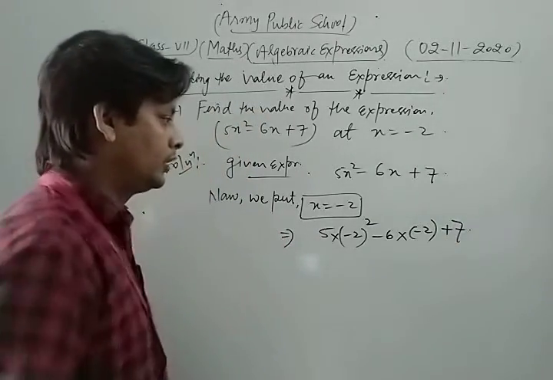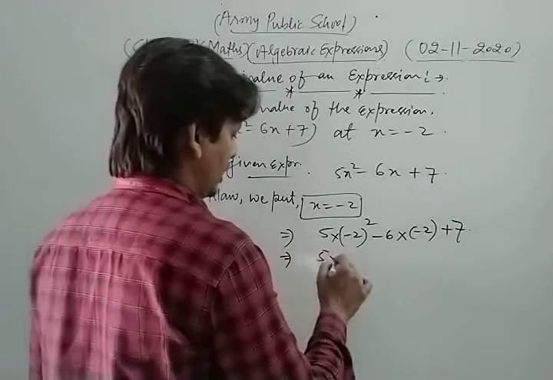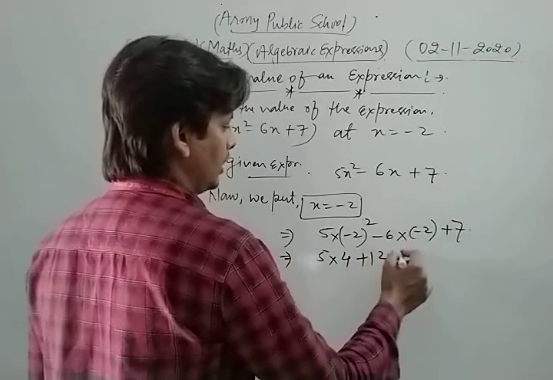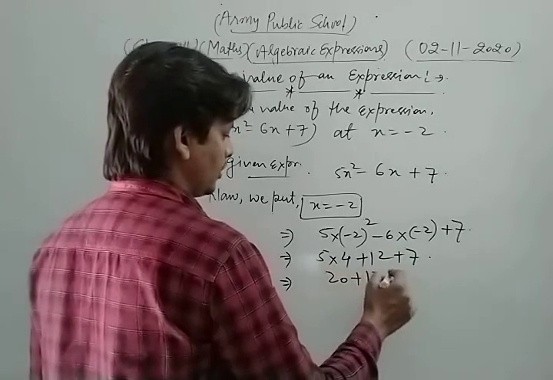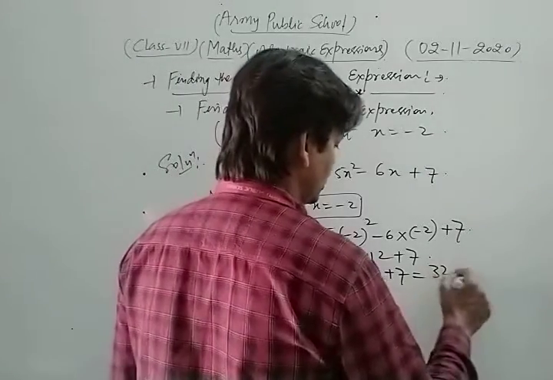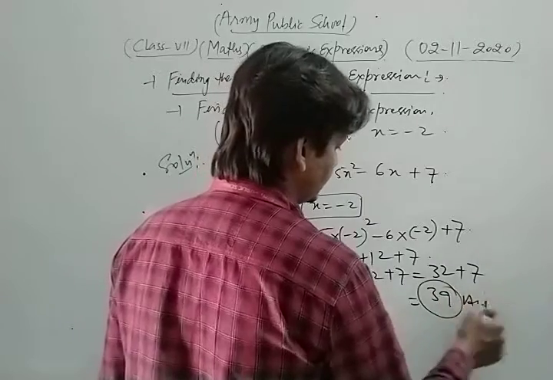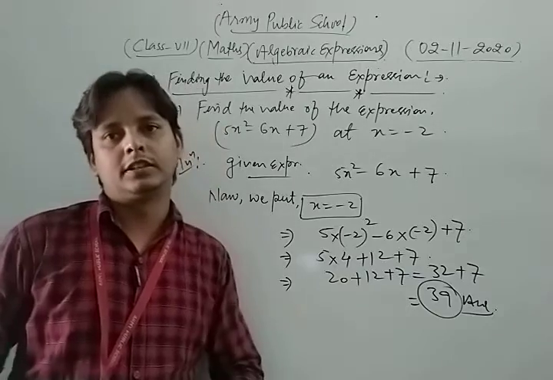Now we simplify: 5 into 4, plus 12, plus 7. So we get 20 plus 12 plus 7, that is 32. 32 plus 7, that is 39. So dear friends, 39 is our required solution of the given question.